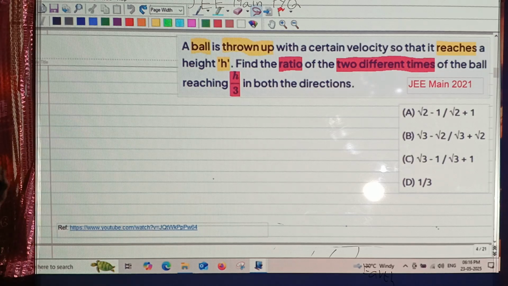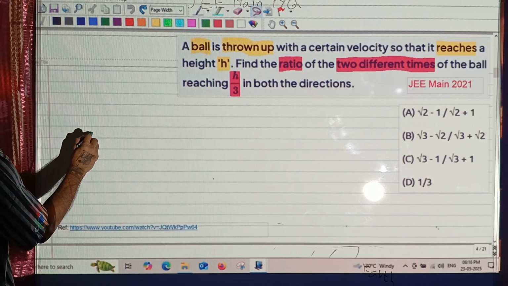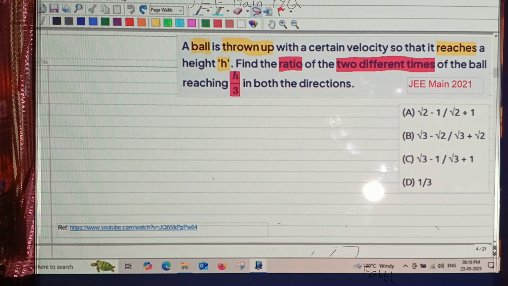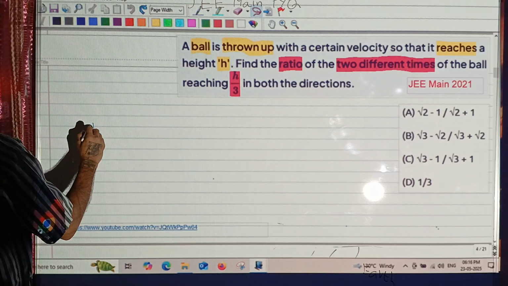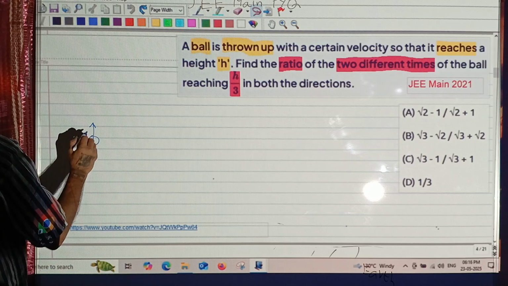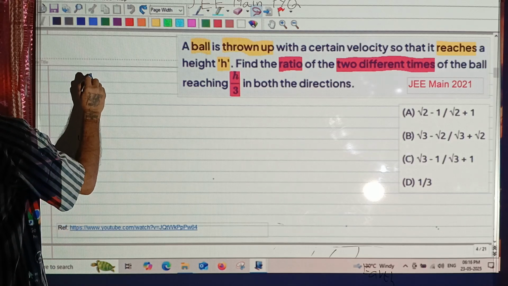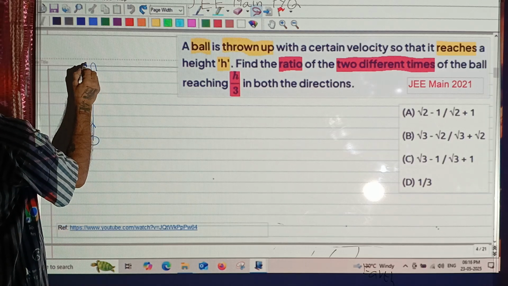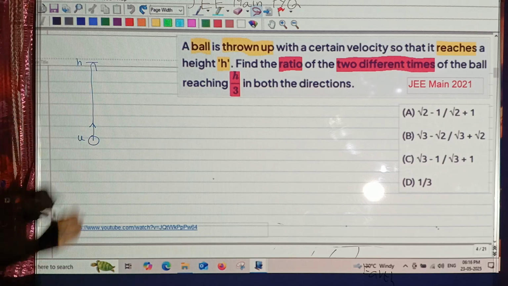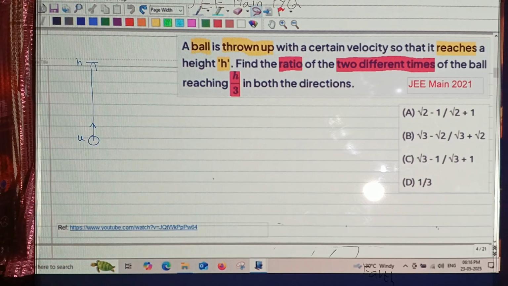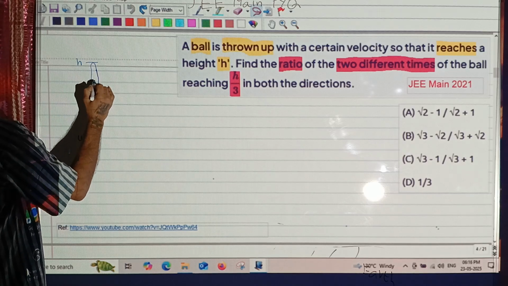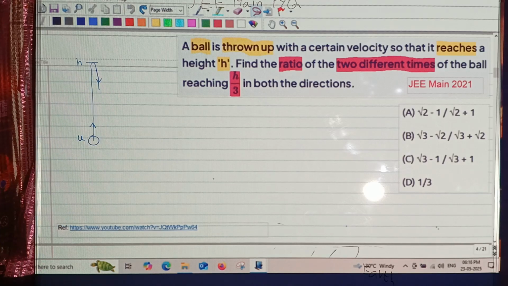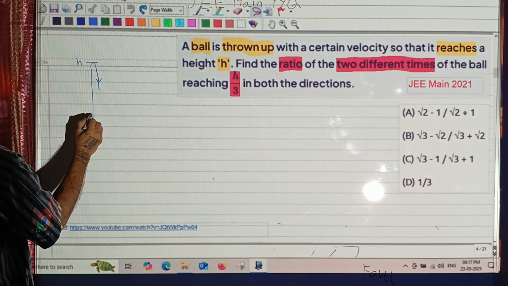So the ball is thrown up with some initial velocity u. It reaches a height h at the topmost point. The velocity will keep on decreasing because the gravity force will pull it down, which will oppose its motion, and then it will come down. So the height h by 3, so 1/3 of this height, is approximately here.